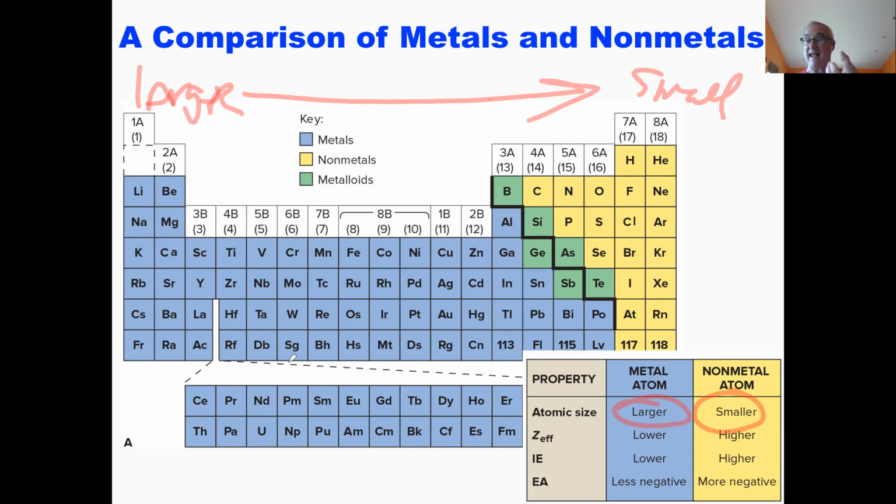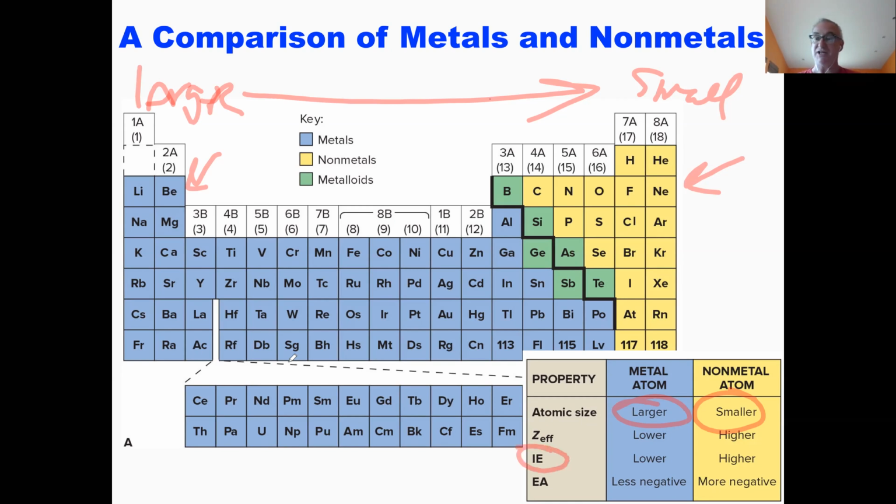So the Zeff, remember that's the amount of pull that the nucleus has, is small over here and then large over here. That's basically why the elements are smaller, because that pull of the nucleus becomes more effective. It pulls the electrons in closer.